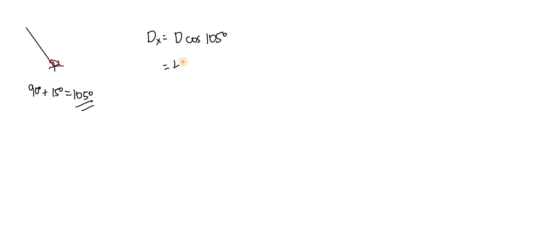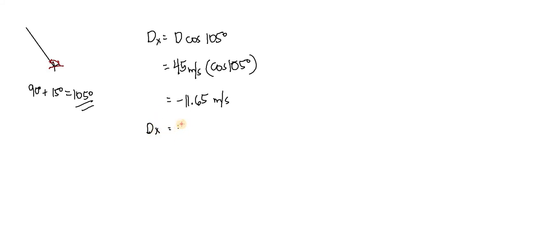So, that will be 45 meter per second cosine of 105 degrees. Try sa calculator. 45 cosine of 105. Okay? So, pag ito yung ginamit, lalabas ng sagot ay negative 11.65 meter per second.